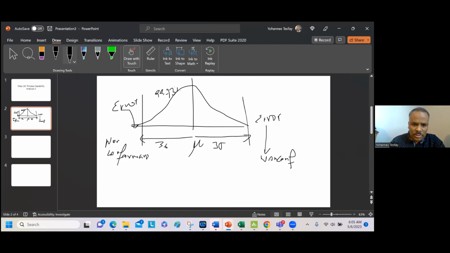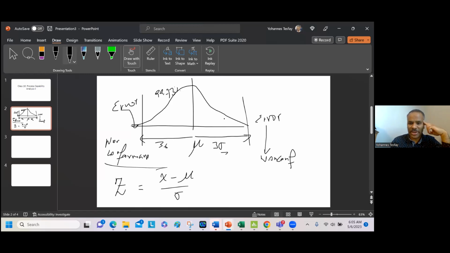Okay, that's the story. So now, if we define z equals x, that's a random variable, minus mean, divided by sigma. This is z-score. So now x minus mean from the upper end.